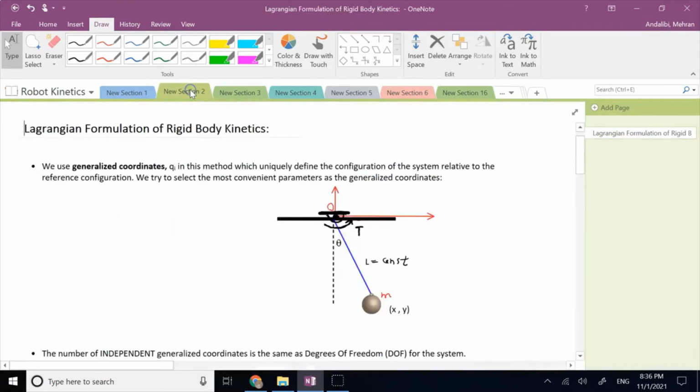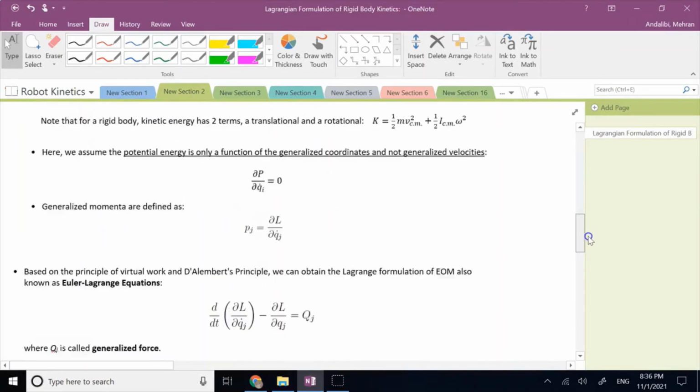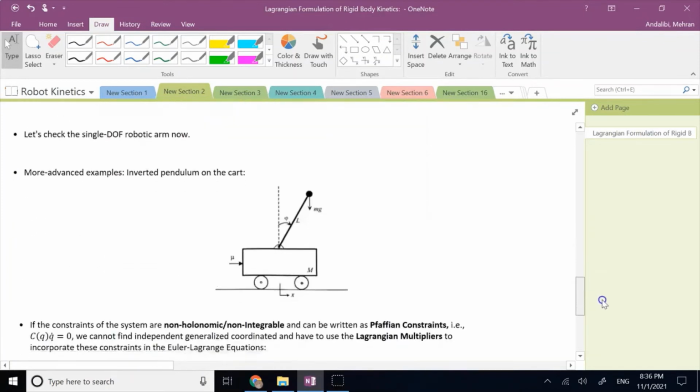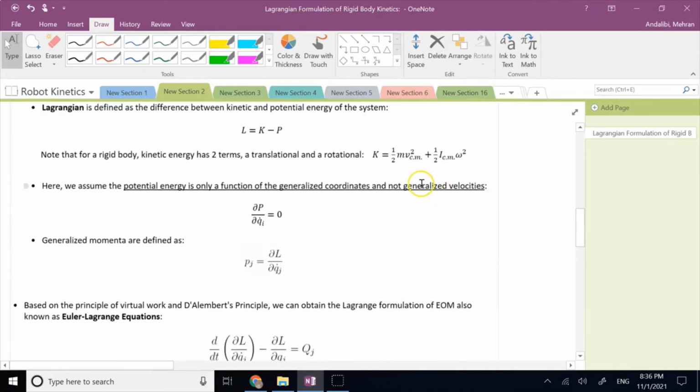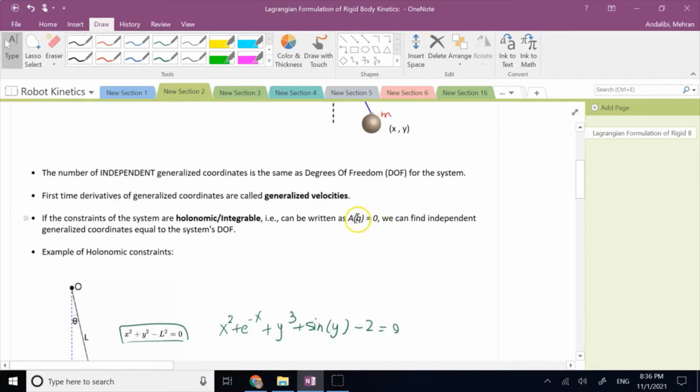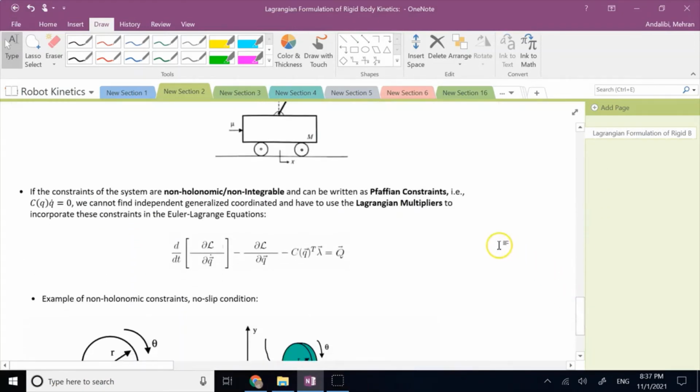Now, going back to what we had, the same approach can be used for non-holonomic constraints, the constraints that you cannot integrate to write them as some function of the q values equal to 0. So you cannot write them as a of q equals 0. You should be writing them in terms of q dots. So it is going to be a function of q dots equals 0 in general, right?